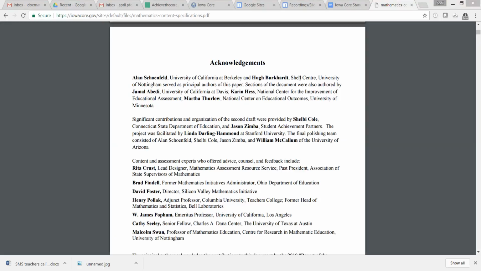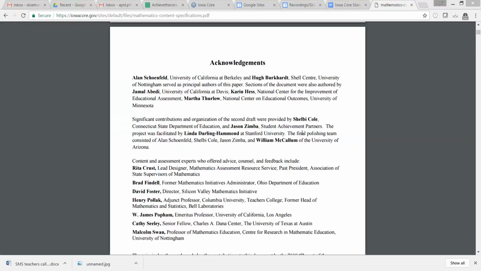Here, this one is from the Shell Center, University of California at Berkeley. We have the National Center on Educational Outcomes at the University of Minnesota. Shelby Cole, who has an amazing skill set. When Steve Leinwand left Connecticut, and Steve Leinwand was the lead author for Principles to Actions, which we're getting ready to launch as our statewide PD for effective math practices for teachers in June, she filled Steve's shoes.